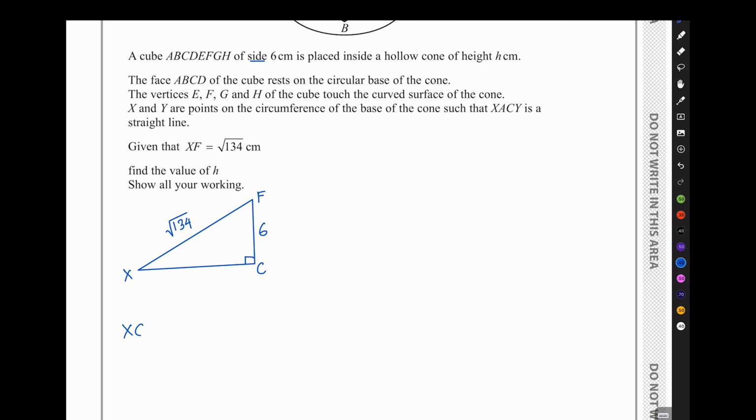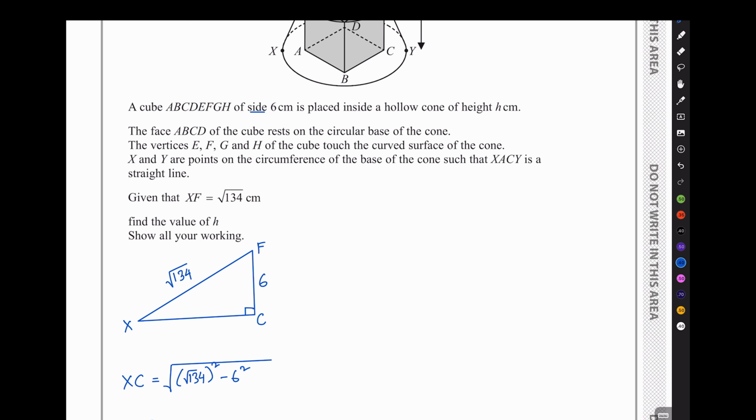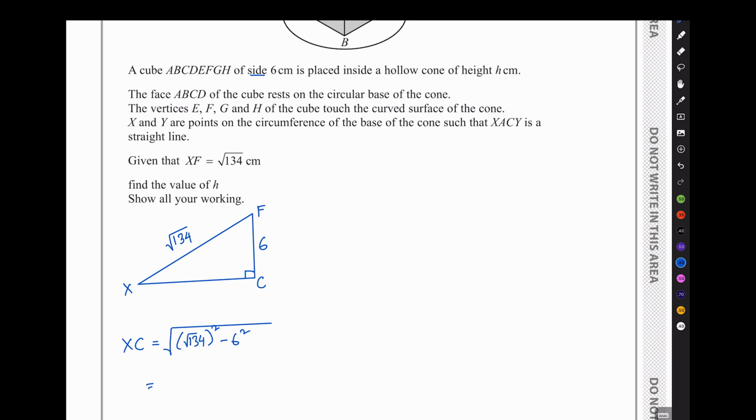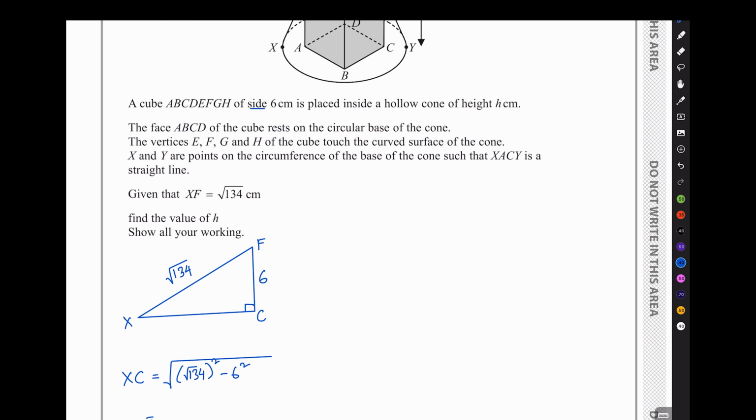So XC should be equal to the square root of 134 squared minus 6 squared, right? Oh, I use the Pythagorean theorem. I forgot the pronunciation, I need to look it up. But anyway, what's the formula? It's basically a squared plus b squared equals c squared, where a and b are these sides, and c is the hypotenuse.